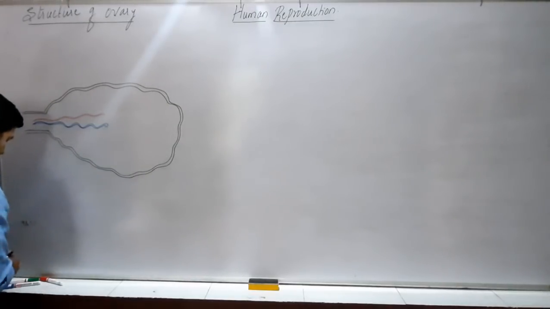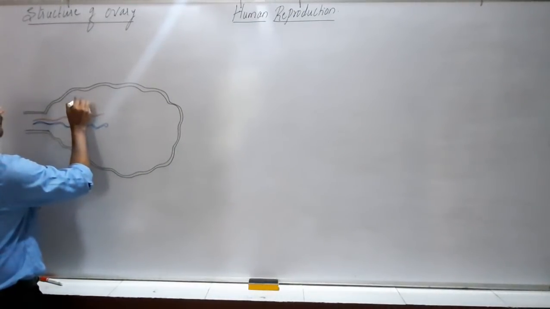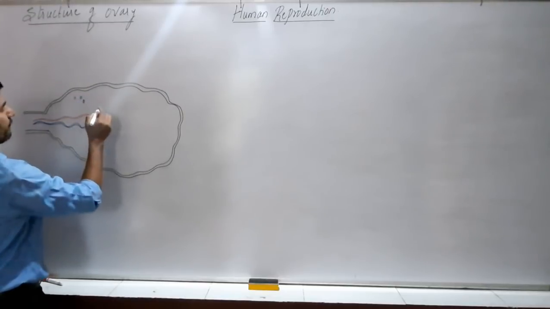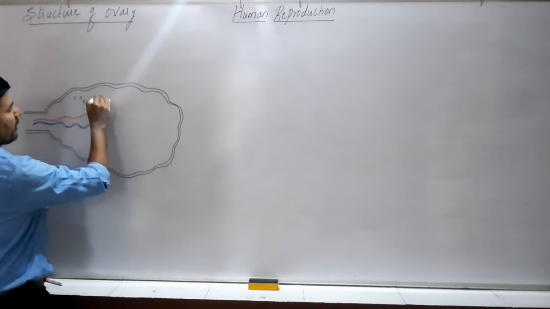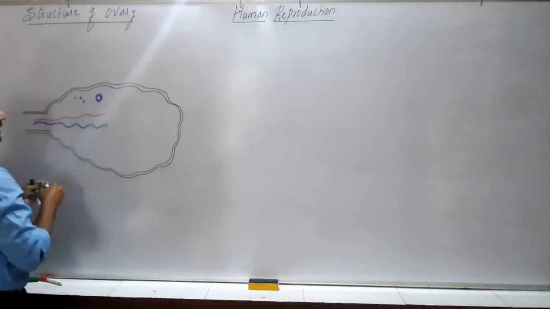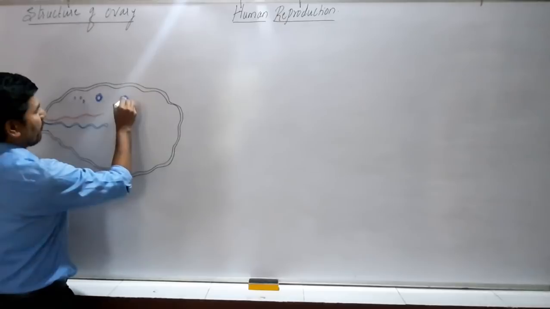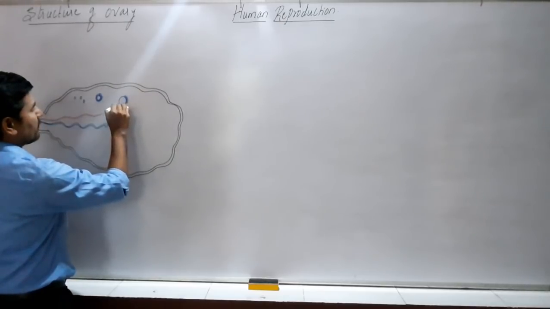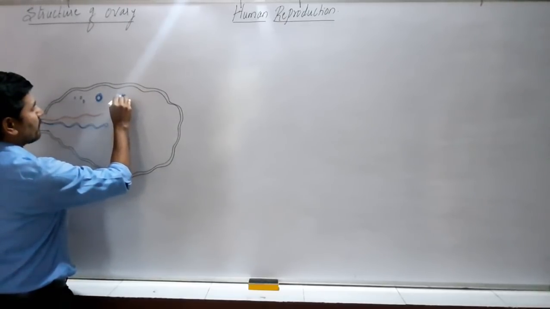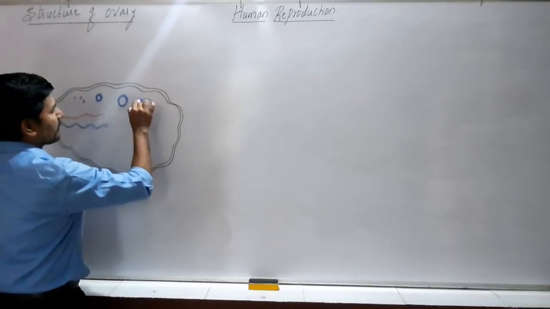Now in this part, we have certain developing follicles also here, and here we have a growing follicle called a primary follicle. Then it grows into the secondary follicle, and this grows into the tertiary follicle.